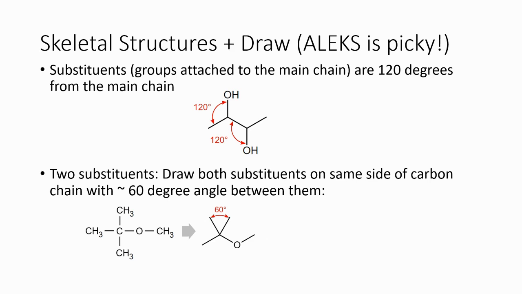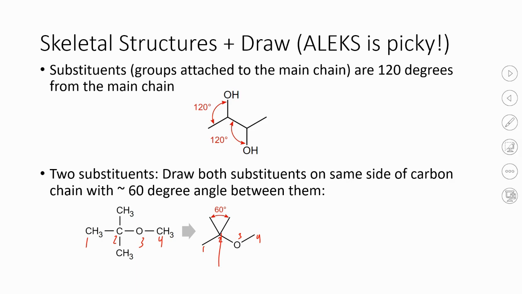If you have two substituents, like this one, let's draw our carbons. We have 1, 2, oxygen's the 3, and then we have our 4th carbon. This carbon has 2 branches off of it. So we don't put the carbon coming down. That's wrong.